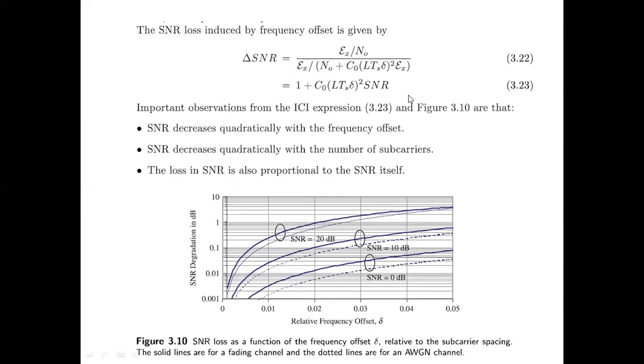Due to Doppler, that is called the frequency offset. And the closer the subcarriers are, the more the concern, because for the same center carrier frequency, if I use an 8-point DFT, the subcarriers will be very far spaced from each other, whereas if you use 1024, the subcarriers are much more closely spaced to each other, right?